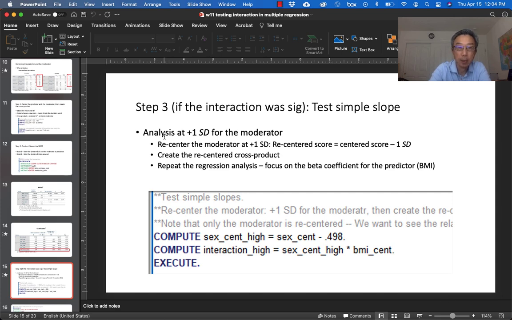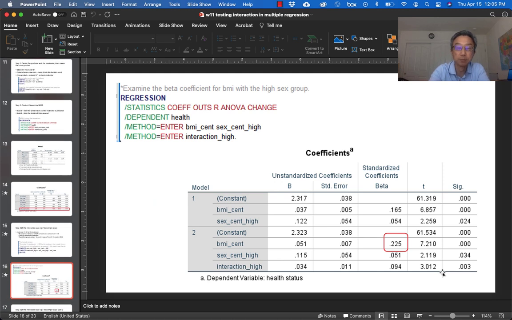To analyze at 1 standard deviation above the mean for the moderator, we actually take the centered moderator minus 1 standard deviation, 0.498 in this case. And then we recreate the interaction term, and then we rerun the analysis.